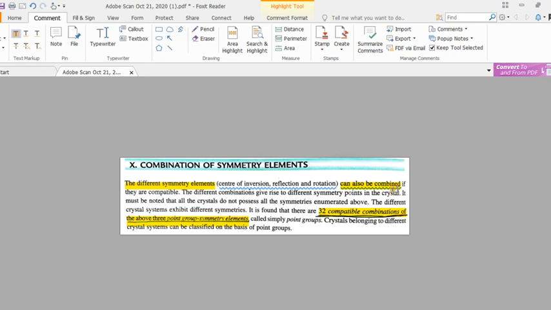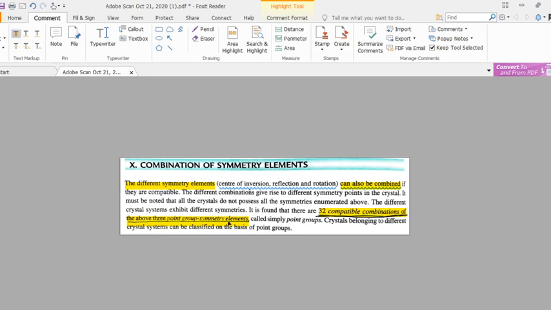If I combine inversion with reflection, or inversion with rotation, or reflection with rotation, then I may be able to generate around 32 kinds of combinations which are different from each other, and therefore such 32 combinations are possible within your crystalline system.